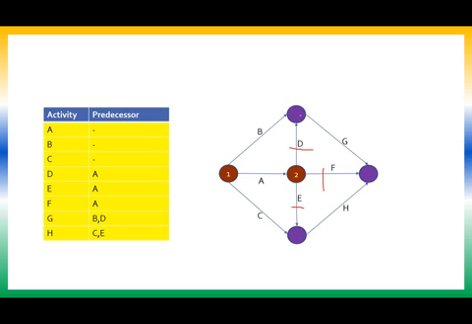Because at the same time both became start nodes, you cannot number both as 3 because node numbers are unique. Okay, so I will number this as 3. Next, parallelly I had got this as a start node. I will number it as 4.